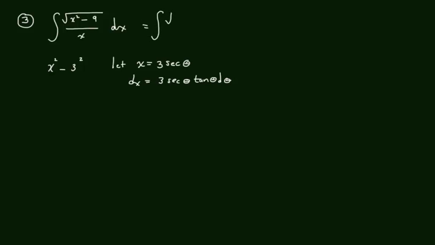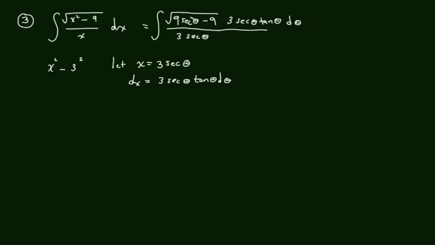Alright, so in the numerator, I have x squared minus, no I don't. I have instead 9 secant squared theta minus 9. There we go. And then the denominator, I have 3 secant theta. And now I have my dx, and my dx is 3 secant theta tan theta d theta.